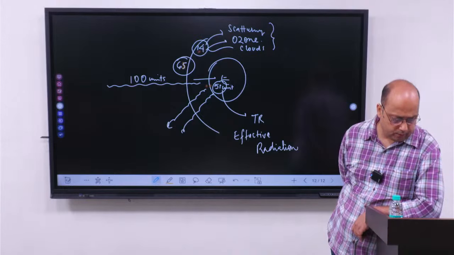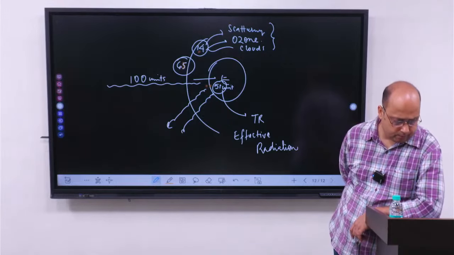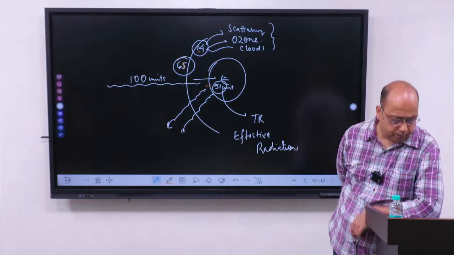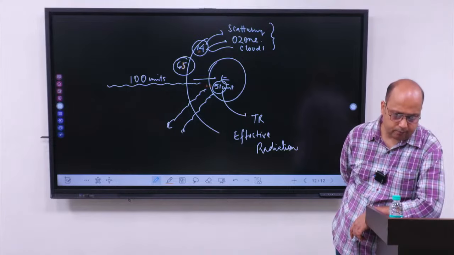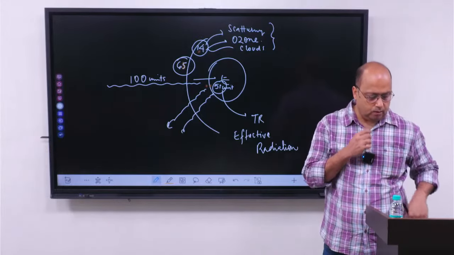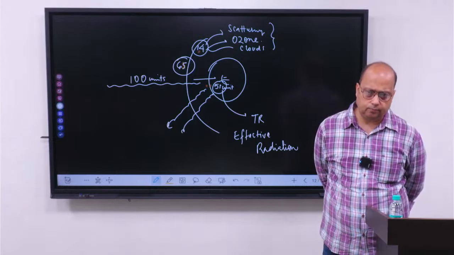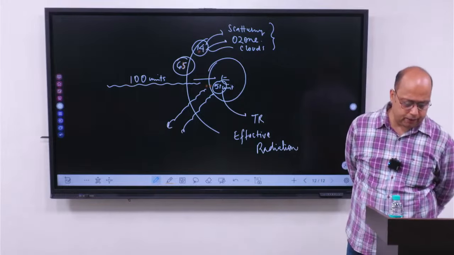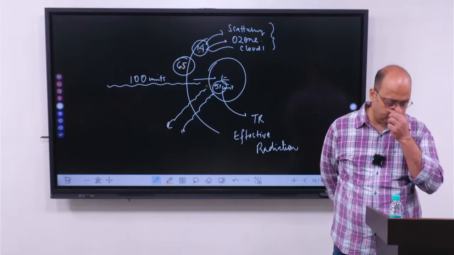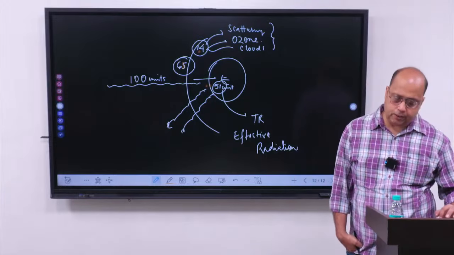Out of 65 units, 51 units are absorbed by the surface, which is known as effective radiation. Whereas 14 units are absorbed by the atmosphere.